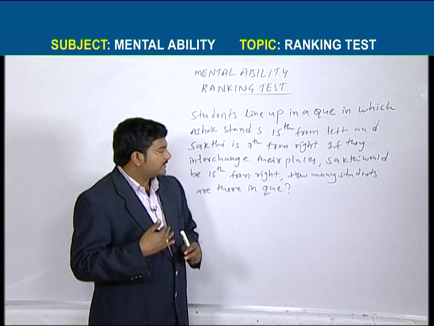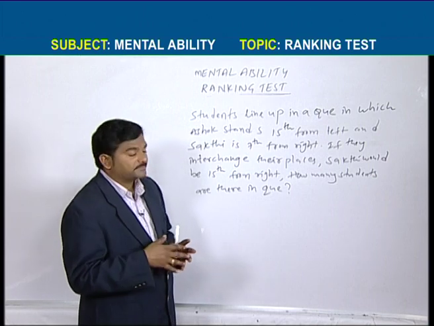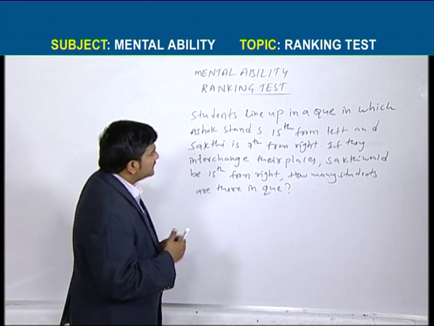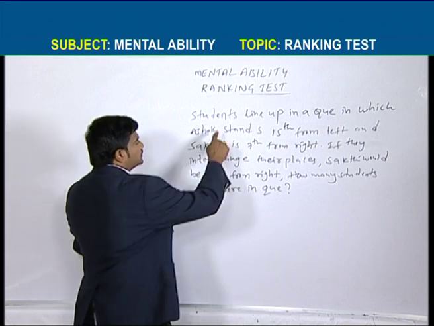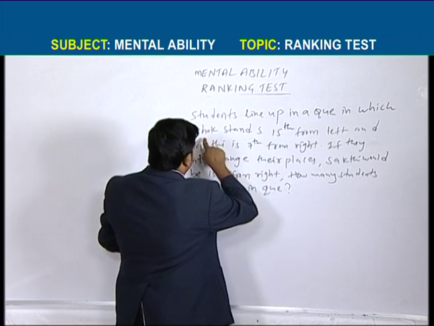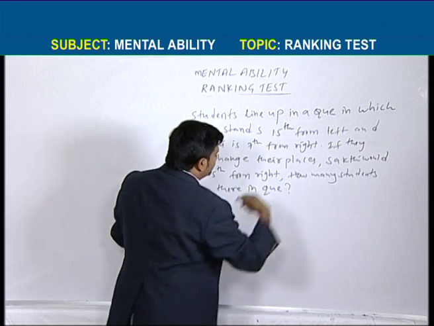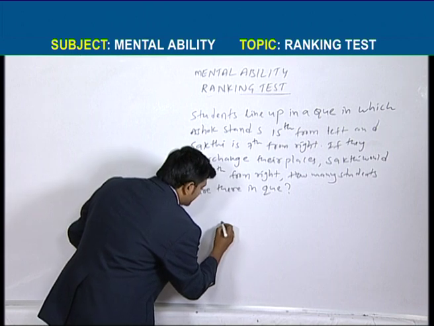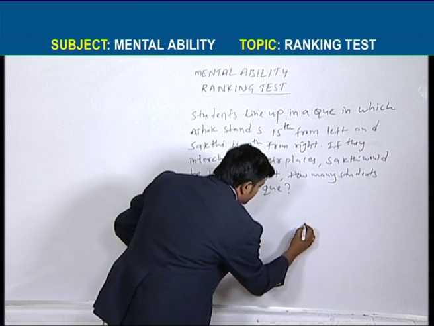So it is not a different concept, it is the interchanging concept. You should think in a logical way. We'll start doing it one by one. Students line up in a queue in which Ashok stands 15th from the left. We will take left and right. For example, this is left and this is right.